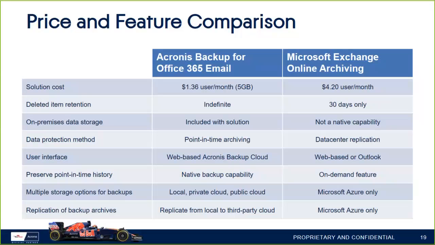You can back up to local, to your private cloud or public cloud, right? For Exchange, you can back up only to Azure. With Acronis, we can replicate the backup data, say you back up one copy to local, and then the second copy to cloud. So you can do that. But with Exchange Online archiving, you can back up only to Azure.